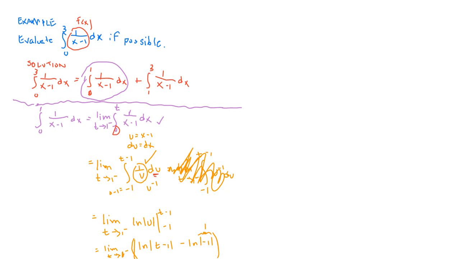So I think I can go across here, can I? All right, let me go across here. So let me just write this a little bit more. So I have the limit as t approaches 1 from the left of the natural log of the absolute value of t minus 1 minus, okay, well, what's the natural log of 1 equal to, class?